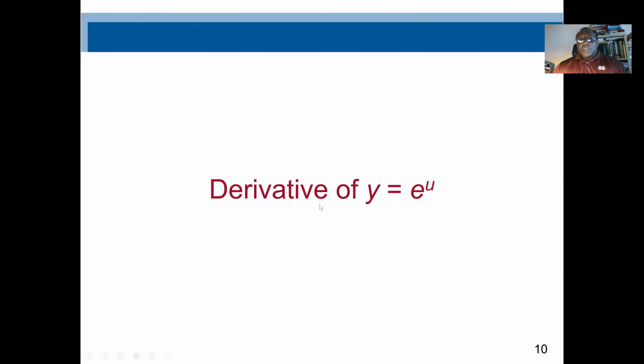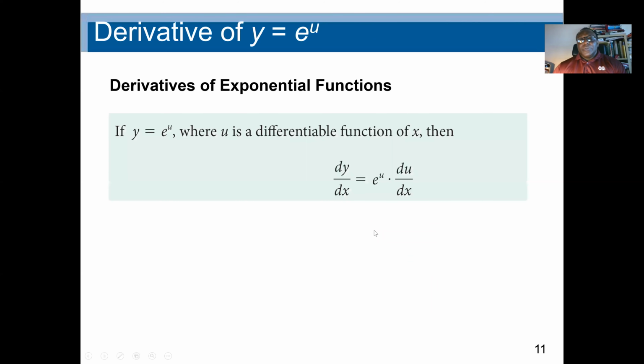Now, next is the derivative of y equals e to the power u. Here we use the chain rule, where u can be a composite. So for y equals e to the power u, we still get e to the power u, then we have to find the derivative of u. This gives us e to the power u multiplied by du/dx, because we look for the derivative of u.